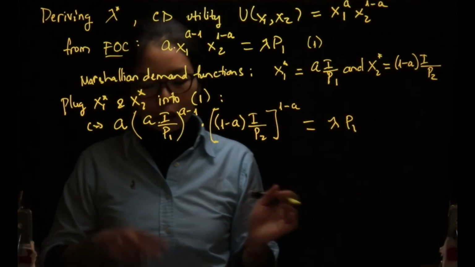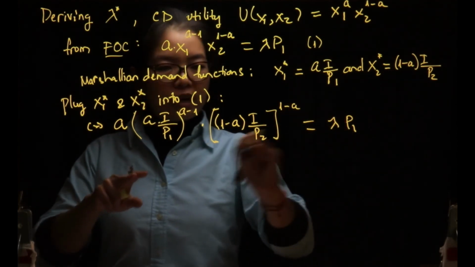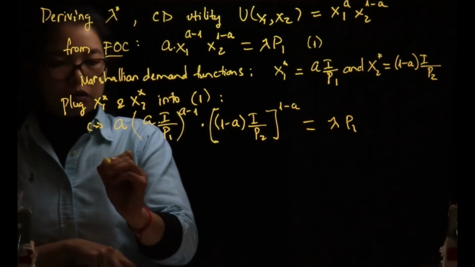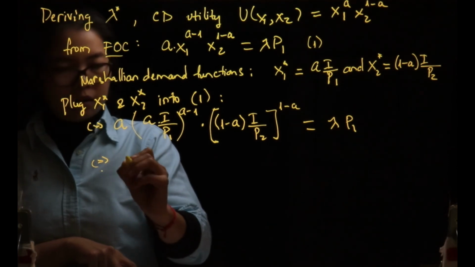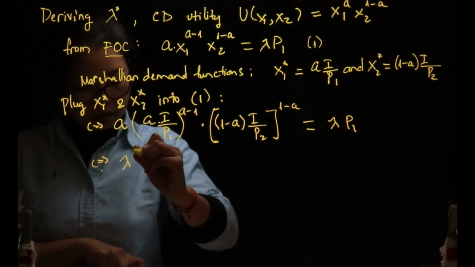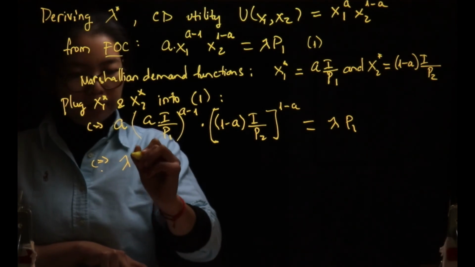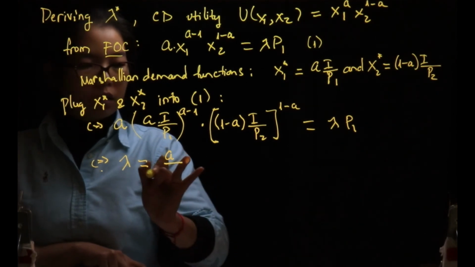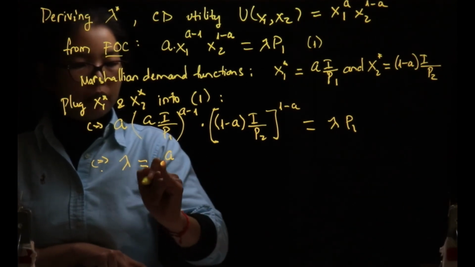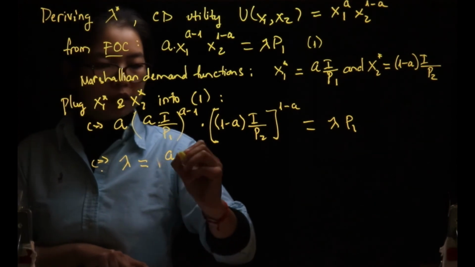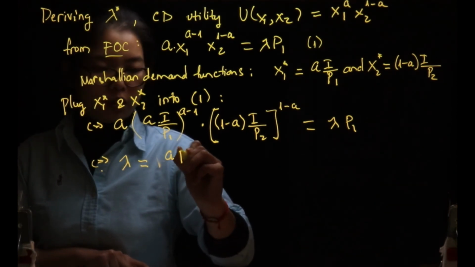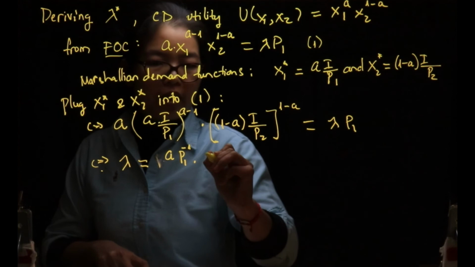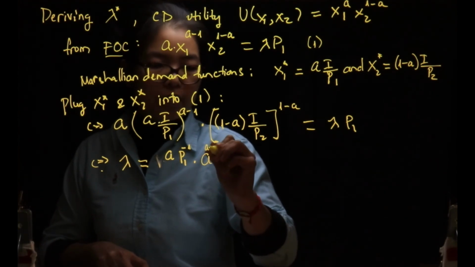Right? Now we could divide both sides by P1 to solve for lambda and then simplify everything. So lambda would be equal to a divided by P1, but in this case for simplification I would write it as P1 to the power of minus 1. And then I have a to the power of a minus 1.